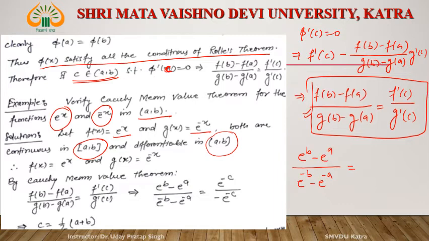What is f prime? f prime x is equal to e^x, that is e^c. And what is g prime? g prime is minus e^(-c). After solving this, we get c equal to (a plus b) divided by 2. This is the result of the Cauchy mean value theorem.